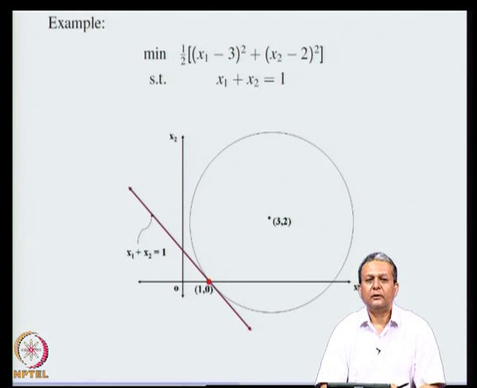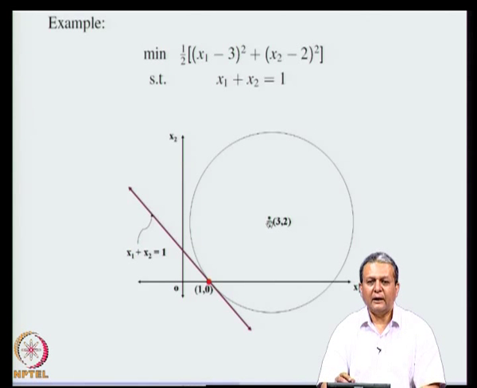So, here is a scenario where this is the point 3, 2, and we are interested in finding a circle centered at this point whose radius is as minimum as possible and which should touch the line x1 plus x2 equal to 1. You will see that at this point on the x1 axis, the circle touches the line x1 plus x2 equal to 1, and this point is 1, 0, which is the solution to this problem.